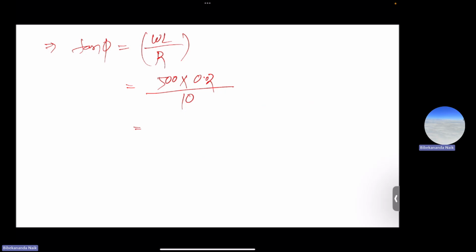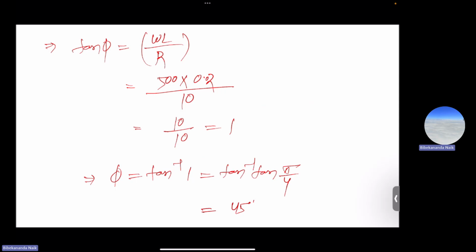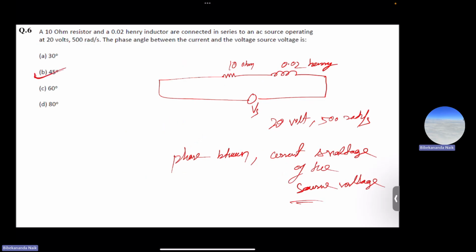That implies it is 10 divided by 10, which is 1. That implies phi is tan inverse 1, tan inverse tan pi by 4, which is 45 degree. Phi is 45 degree, so the correct option will be option B.